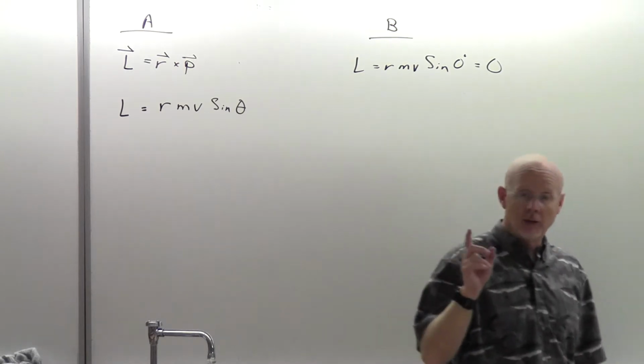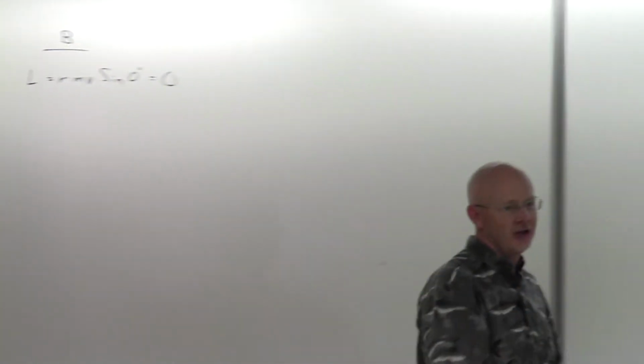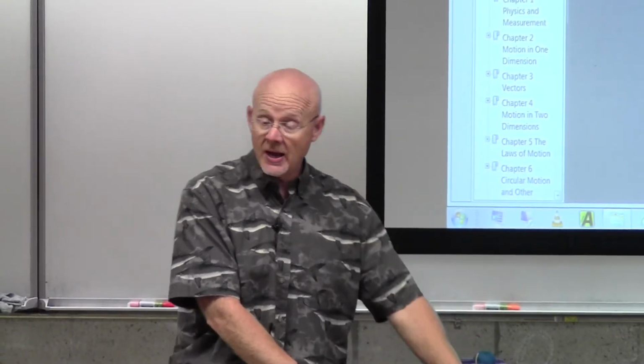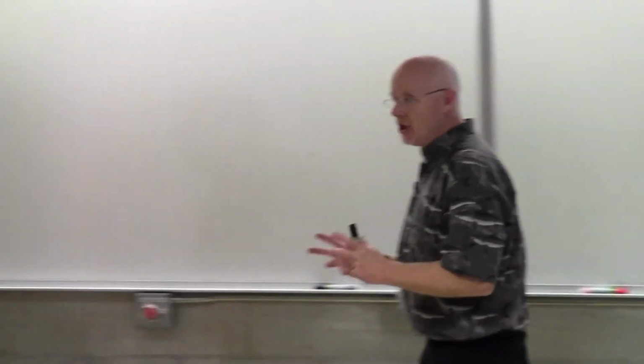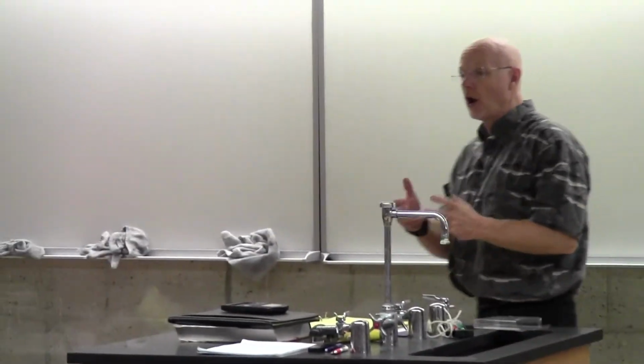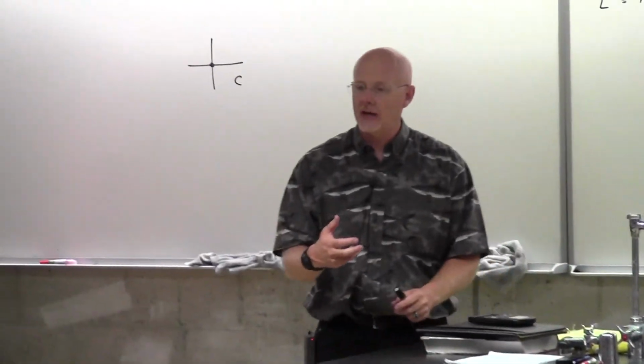So the angular momentum depends on what origin you're calculating it about, which, now that we think about it, wasn't the moment of inertia that way? Wasn't torque that way? So not a surprise, angular momentum is that way. And so all of these rotations depend on what point you are calculating the rotation about.